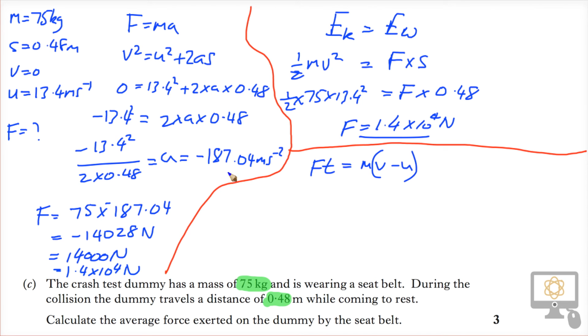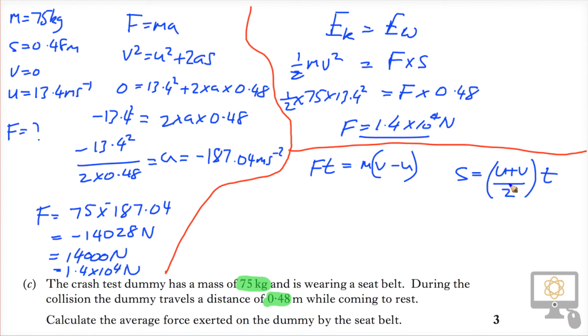But again, we can use another suvat equation like we did over here to determine that, and that suvat equation is that the displacement is the average speed, (u plus v) over 2. The two speeds added together divided by 2 will be the average speed, multiplied by the time.